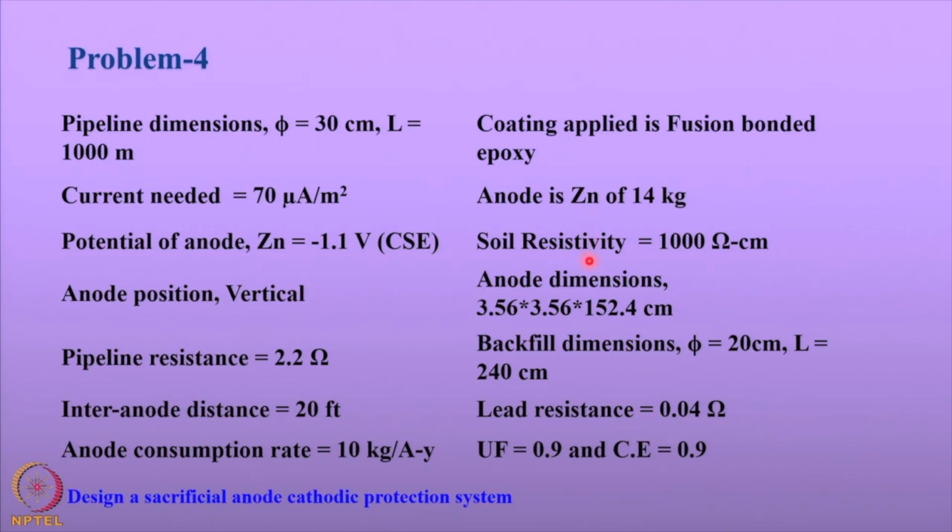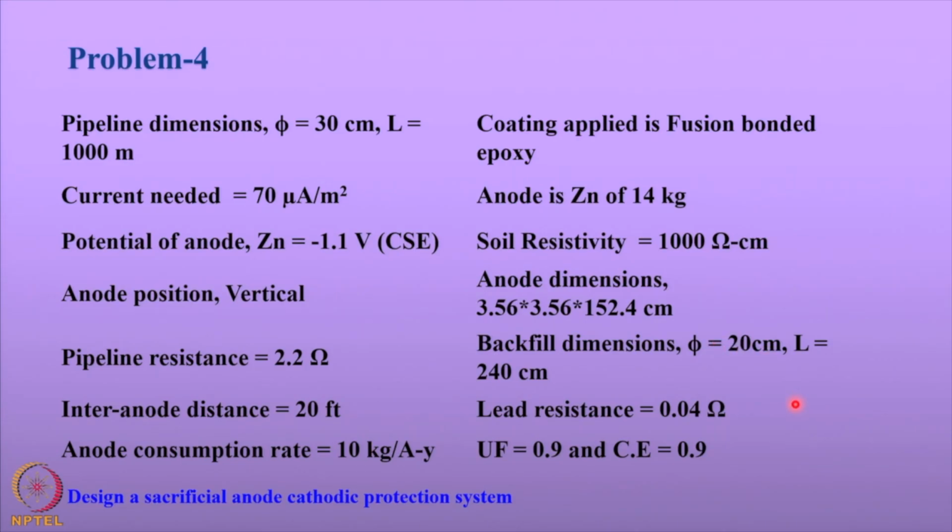The resistivity of the soil is 1000 ohm centimeter. The anode dimension is given here. Okay. It is a rectangular shape and it is kept in a backfill of the dimension given here.